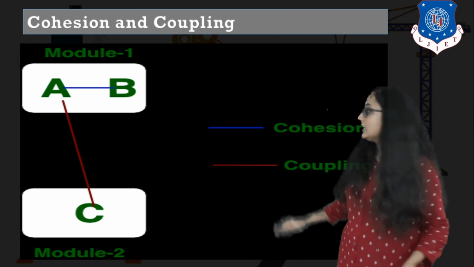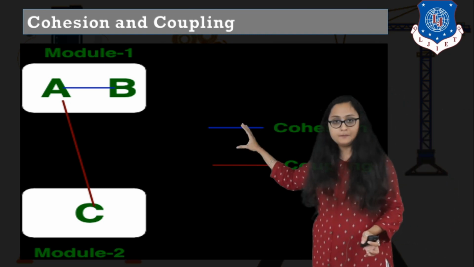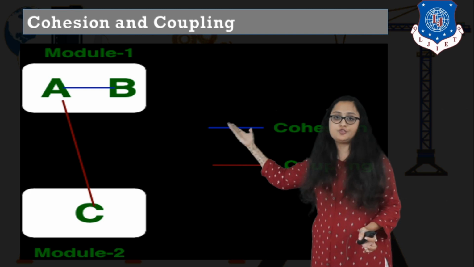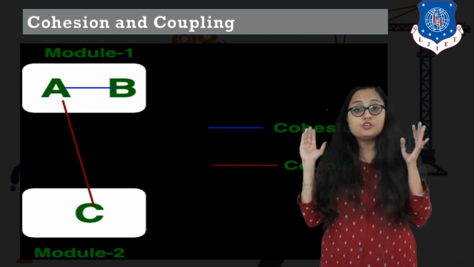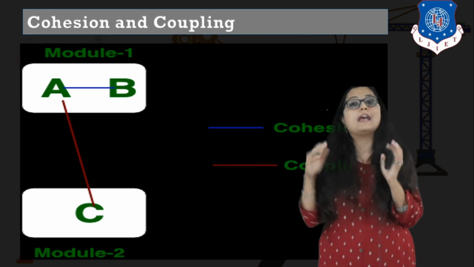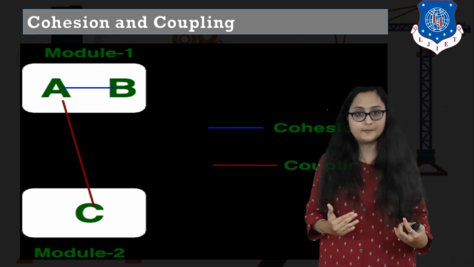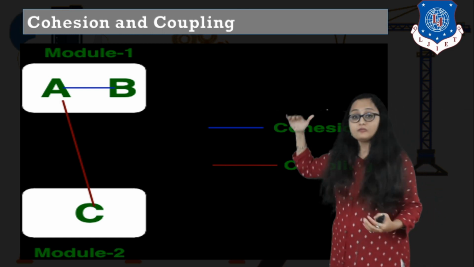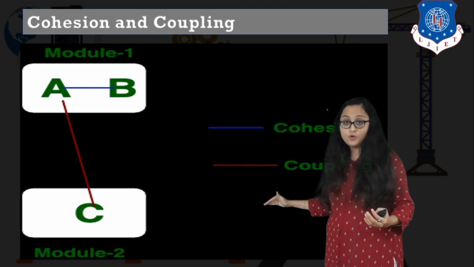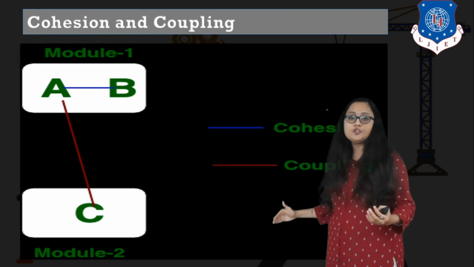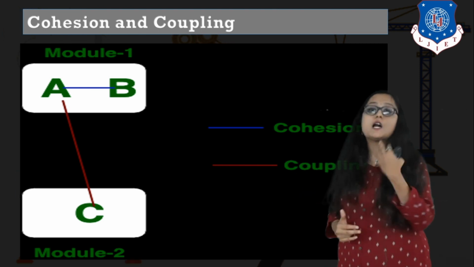For example, if you have module 1 in which you have two components, A and B, which are totally unrelated to each other, then you may say that it is not high cohesion, that is low cohesion, right? Whereas if the components of module 1 and the components of module 2 are interdependent on each other, it means you are having more coupling.